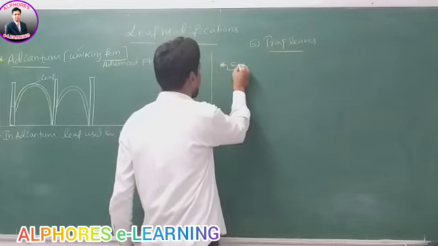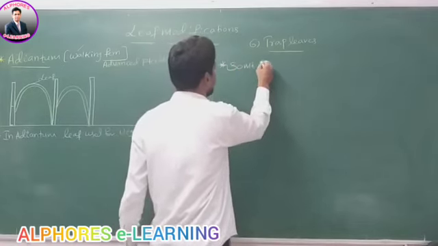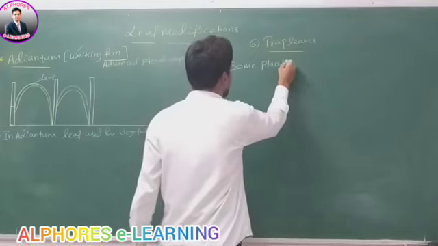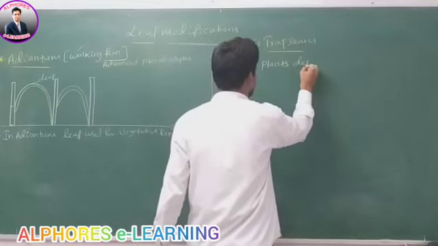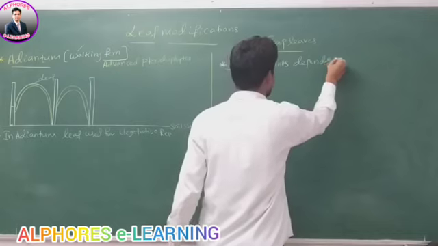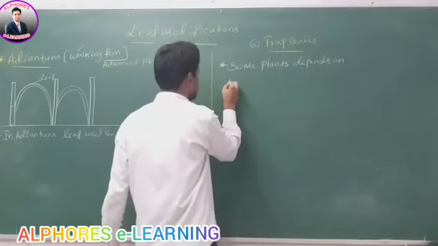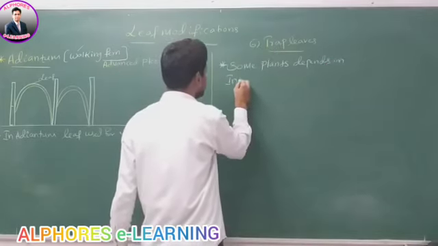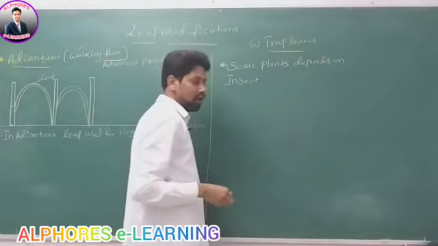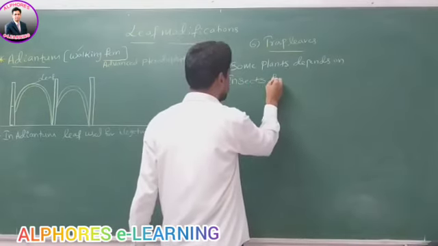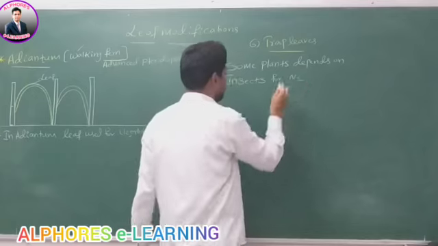Therefore, some plants depend on insects. Some plants depend on insects for what? Nitrogen. Why?